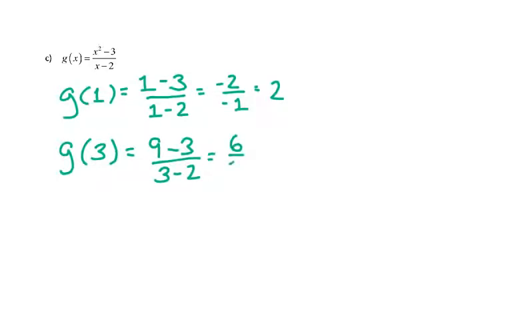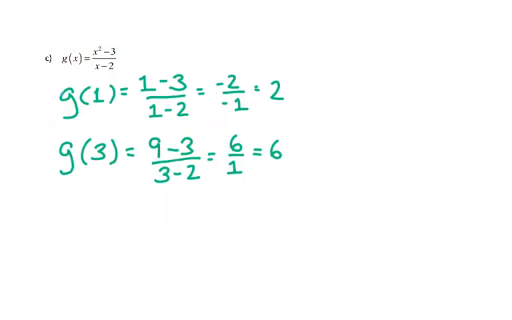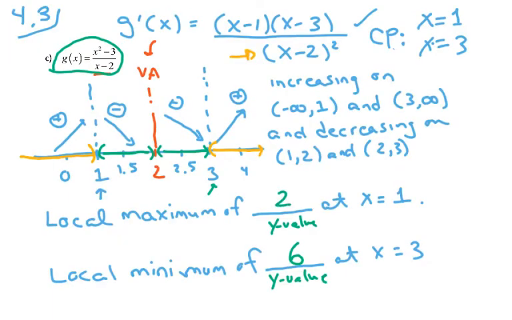That's 6 over 1, which is 6. So we have a local minimum of 6 at x equals 3 and a local maximum of 2 at x equals 1. And you might be wondering, how can the minimum be bigger than the maximum? Well, remember, these are local.